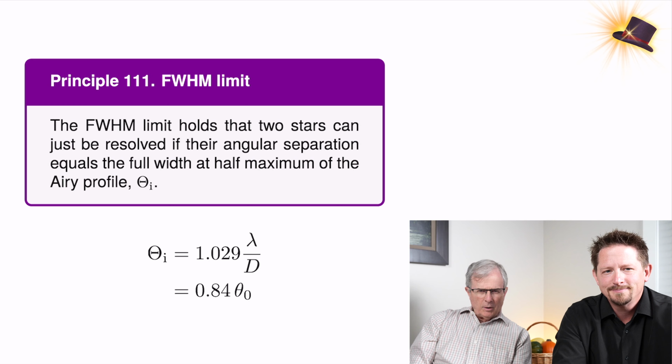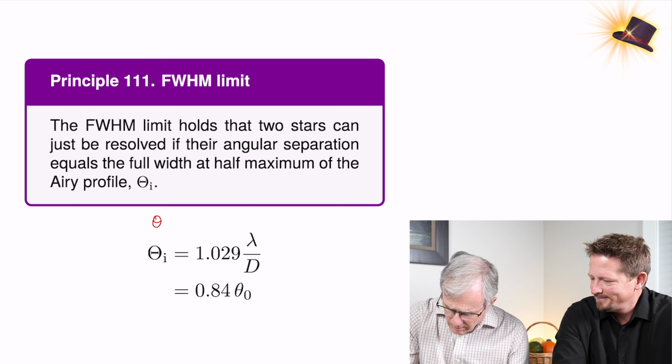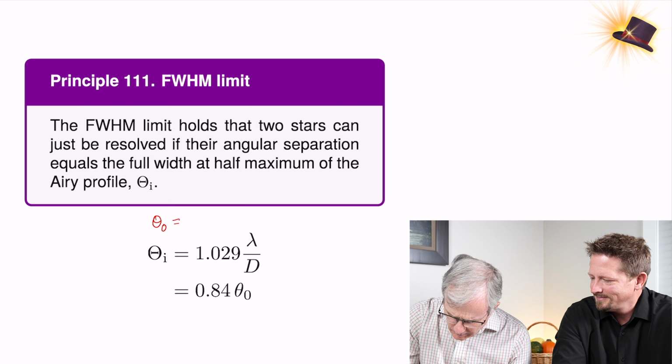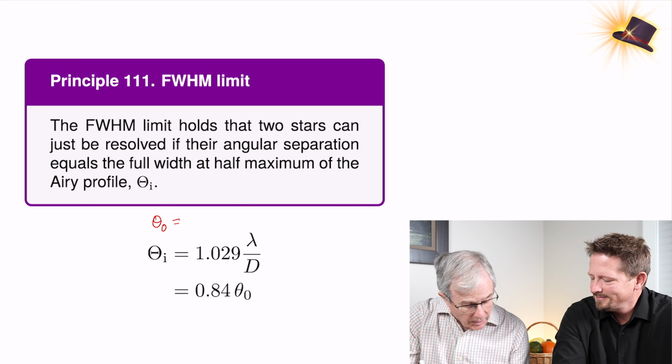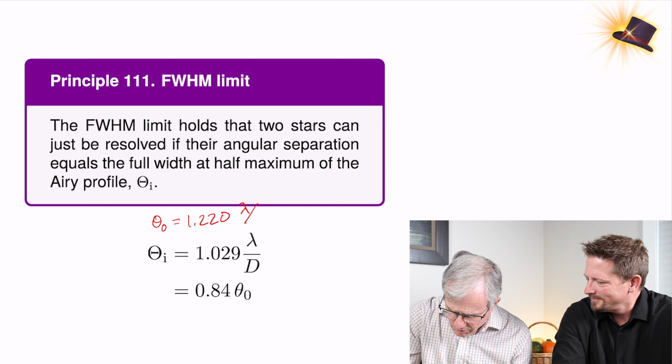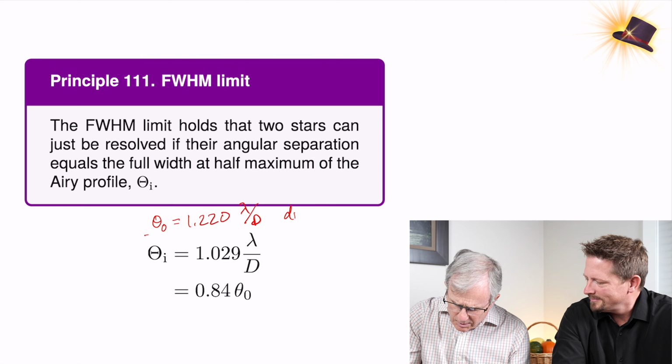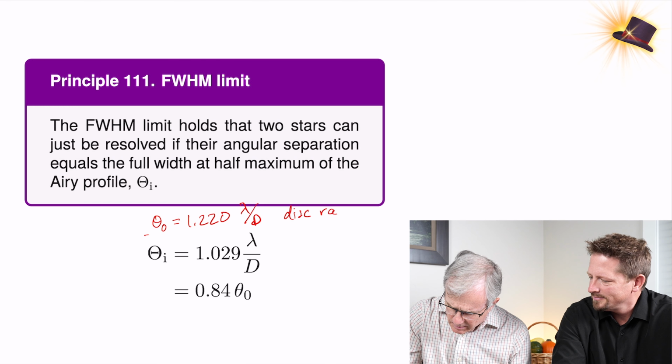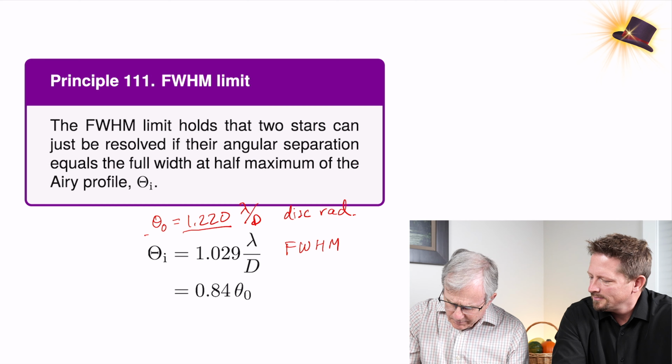Let's recall that theta naught, the Airy disk radius, is 1.22 lambda over d. So that's the Airy disk radius, and this is the full width at half max. Which one's bigger?